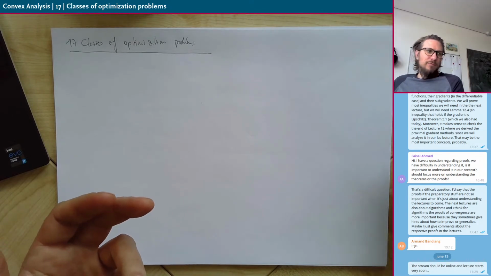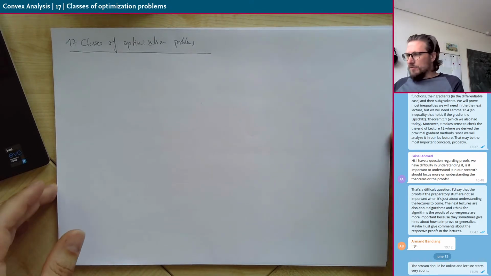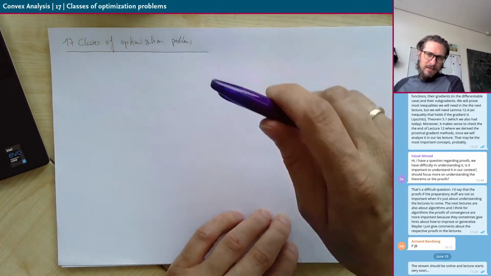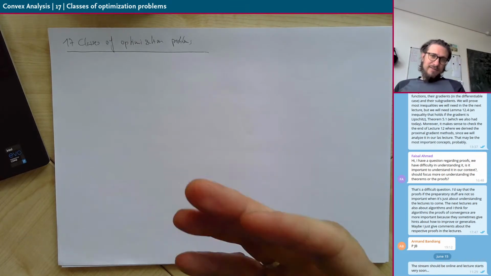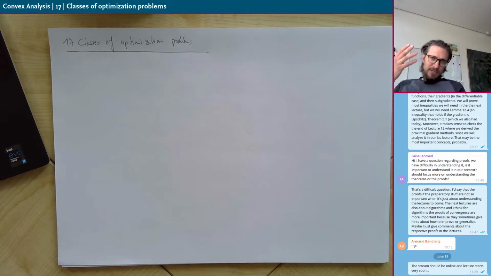One example, depending on your background, you may know, is linear programming. This is the minimization of linear functions over linear constraints, and linear constraints can be linear equalities or inequality constraints. So that's one class of problems. Then you can try to come up with a method such that you give the method the data of the problem, which is the objective and the data encoding the constraints.